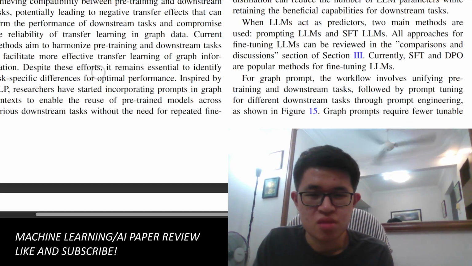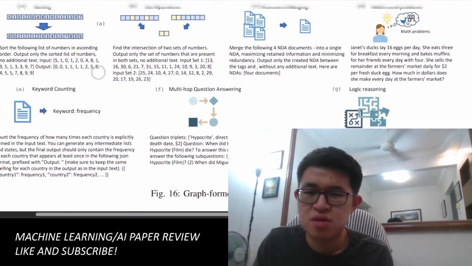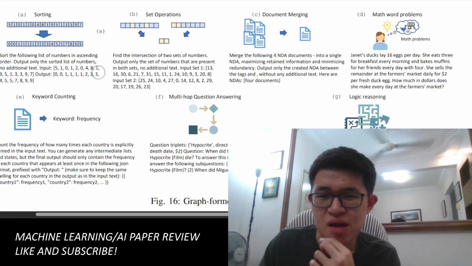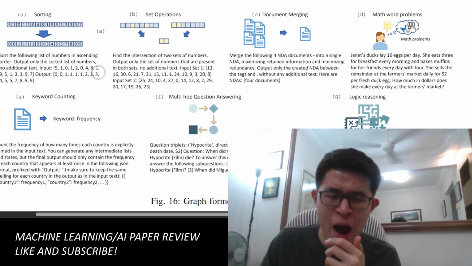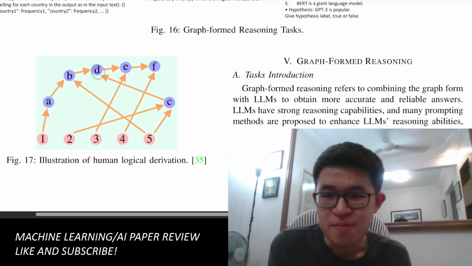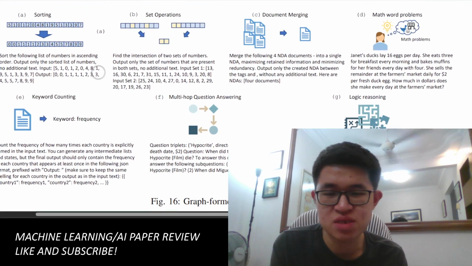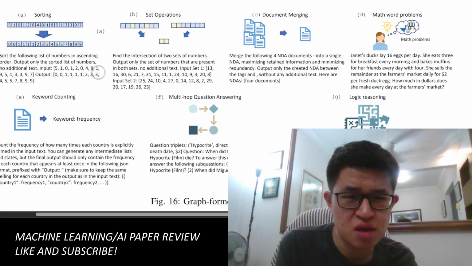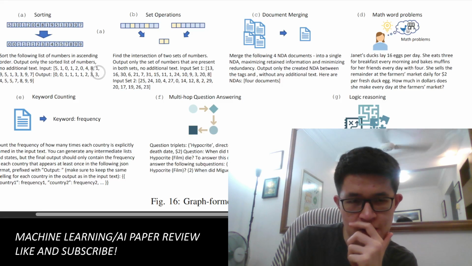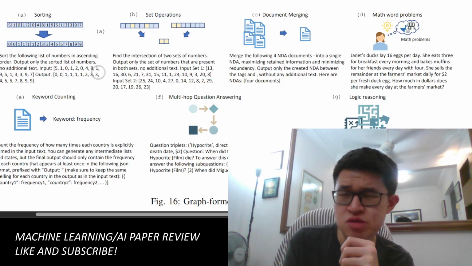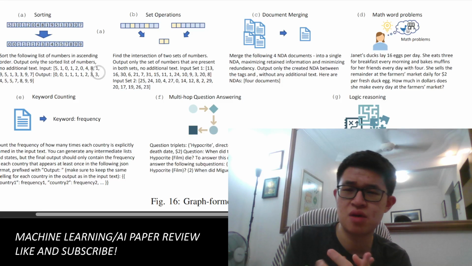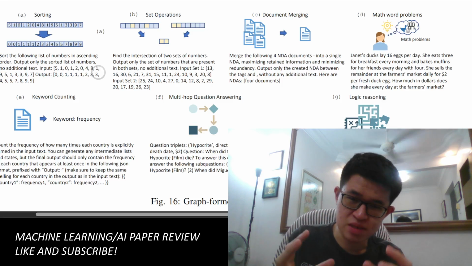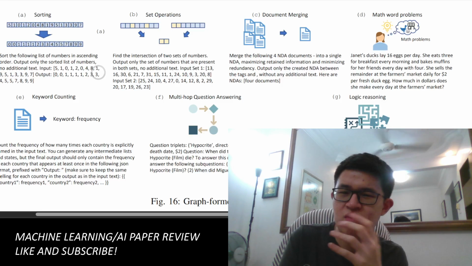Let me see. Okay, right here. Graph form reasoning task. Okay, right. So I think this is more applicable for the LLMs, right? So you're trying to make the LLMs perform reasoning in this graph structure format, if I'm not mistaken.